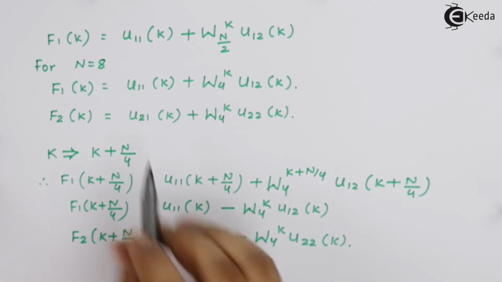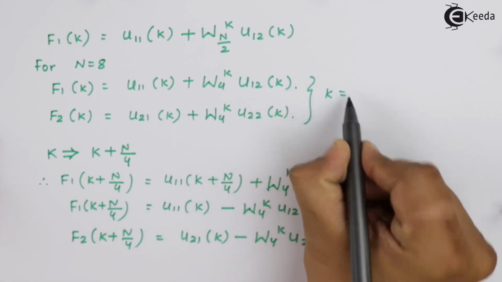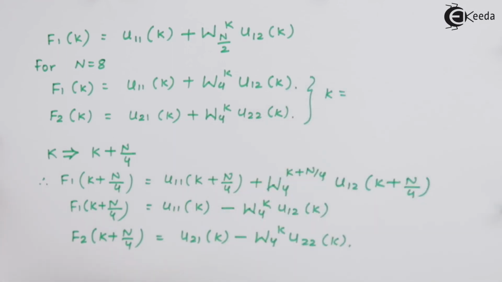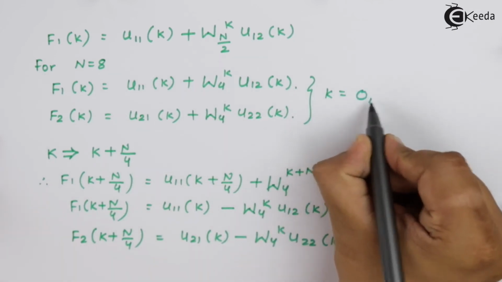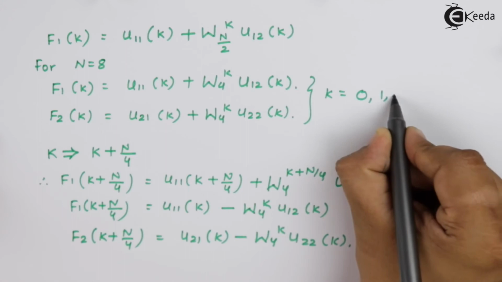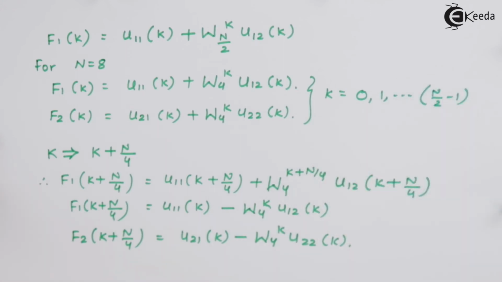Now we are going to add the k values. Basically, what will be the value of k? At first our k value is 0 to n minus 1. But as the samples are divided into two parts, this k value will start from 0, but the last value is now n by 2 minus 1.